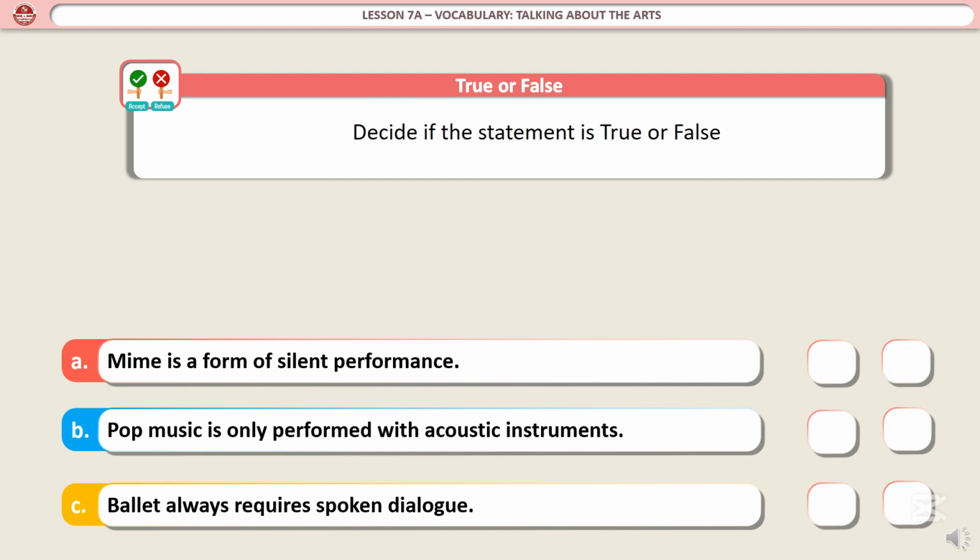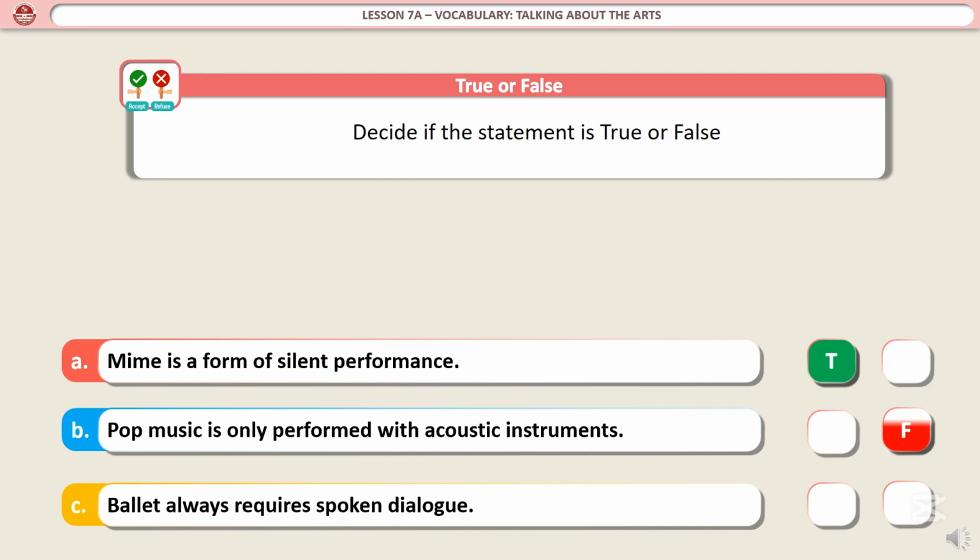Now, you are going to read 3 statements and decide if the statement is true or false. Statement A. Mime is a form of silent performance. The answer is true. Statement B. Pop music is only performed with acoustic instruments.